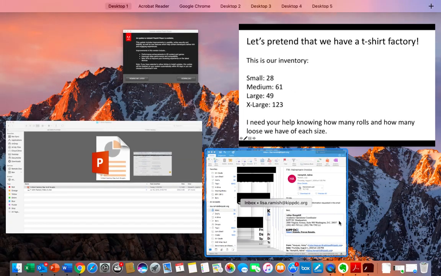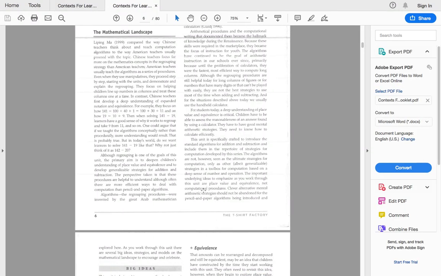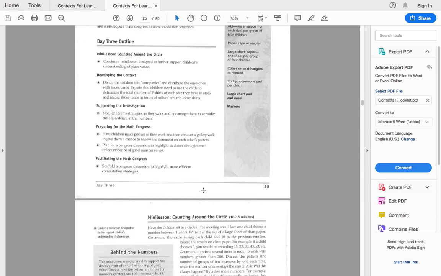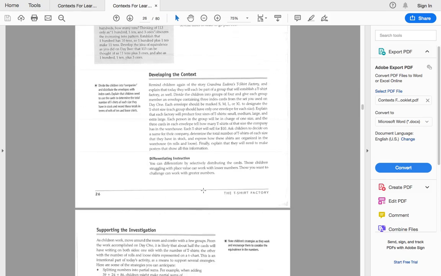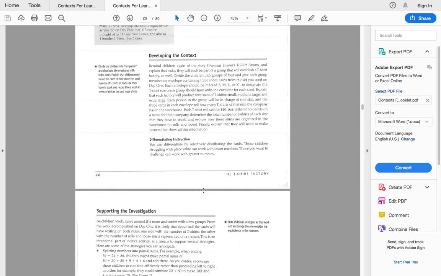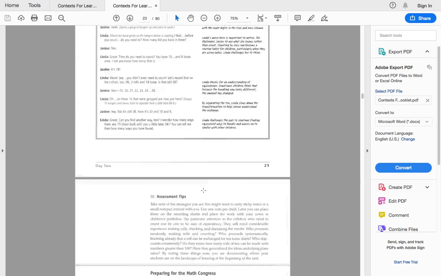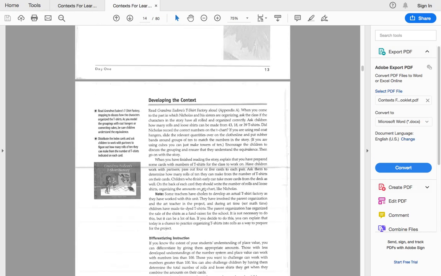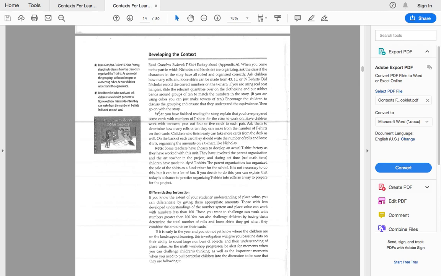Now, in your booklet here, it suggests that you use cards. So it's day 1. In developing the context, here they say, explain that you've prepared some cards and hand them out.